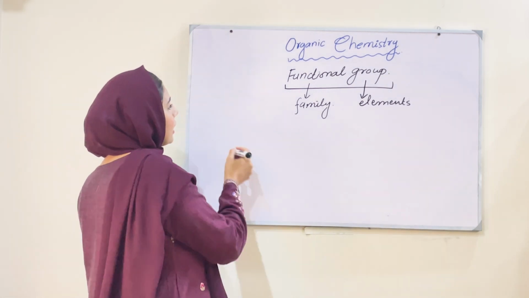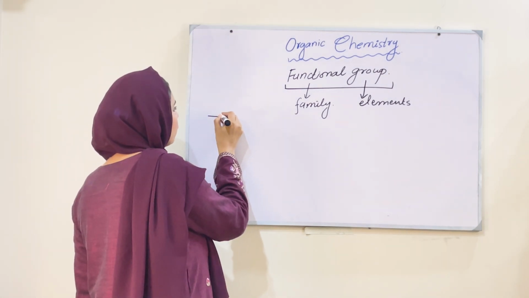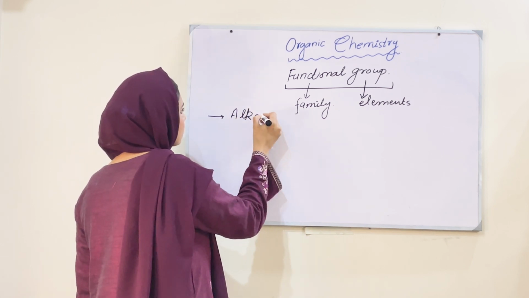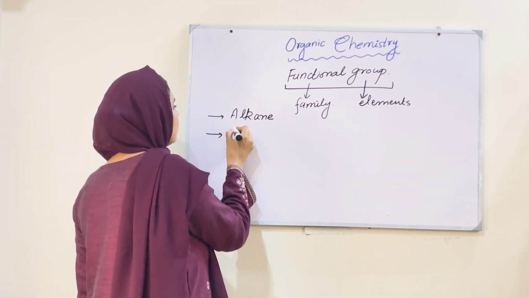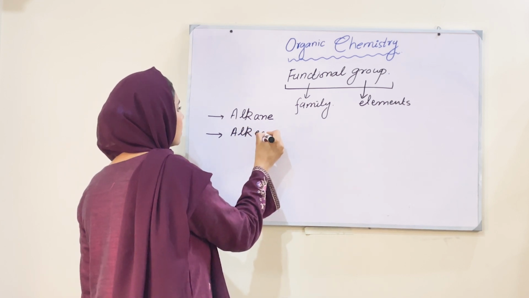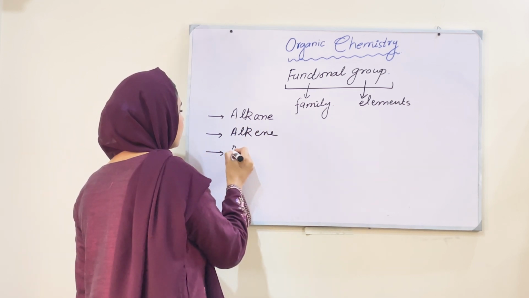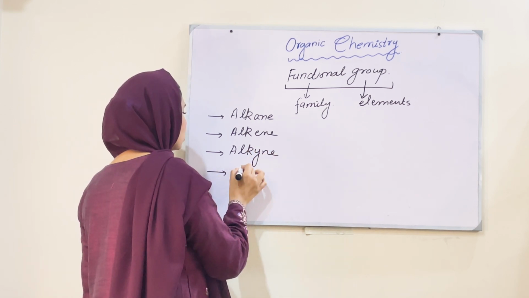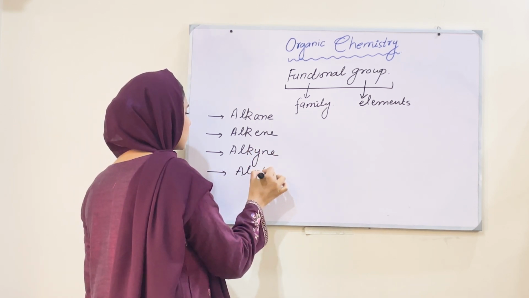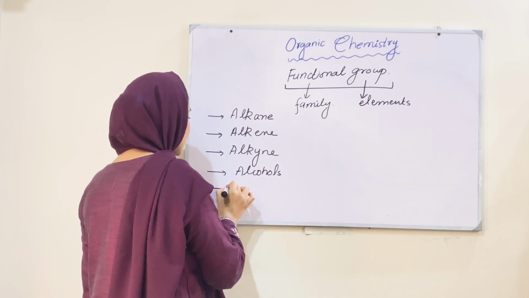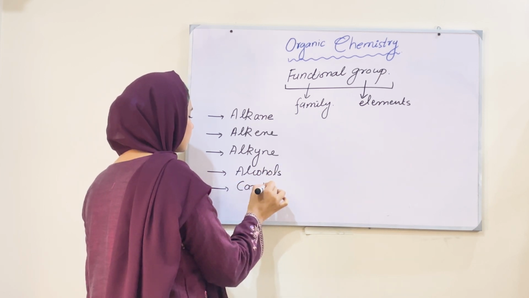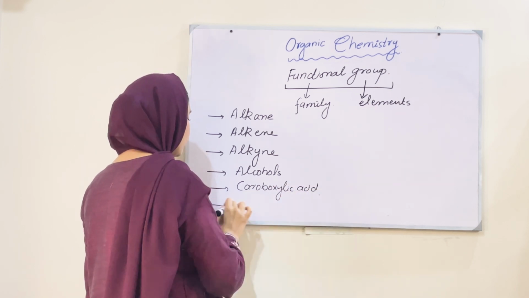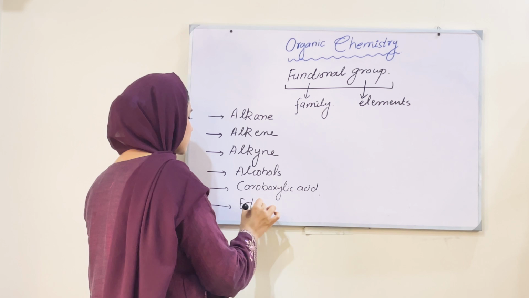For example, at this level, we are dealing with the functional groups called alkane, alkene, alkyne, then we have alcohols, then we have carboxylic acid, and then we have esters.